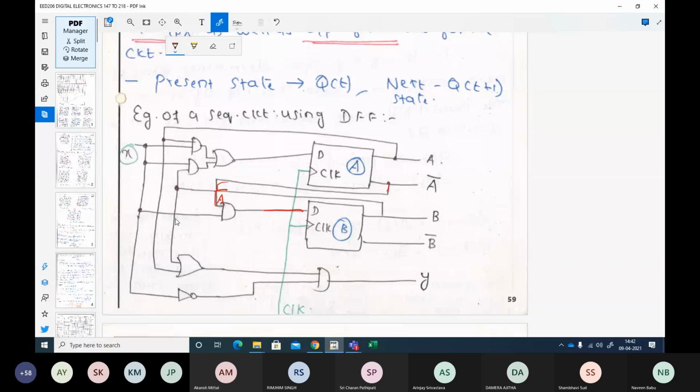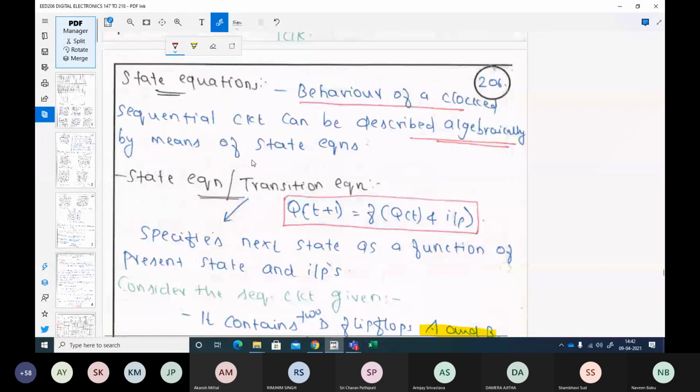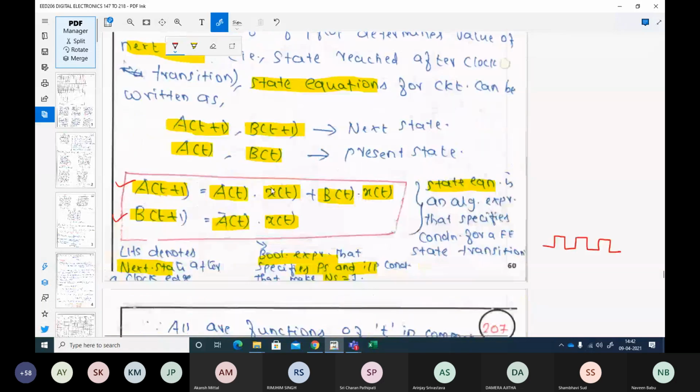So the d input, which is nothing but b of t plus 1 input, is going to be x dot a bar dot x. So that is how I wrote this equation, a bar dot x. Now I've got the Boolean expression. Please remember we are doing reverse engineering here. Okay, so we have got the Boolean expression.